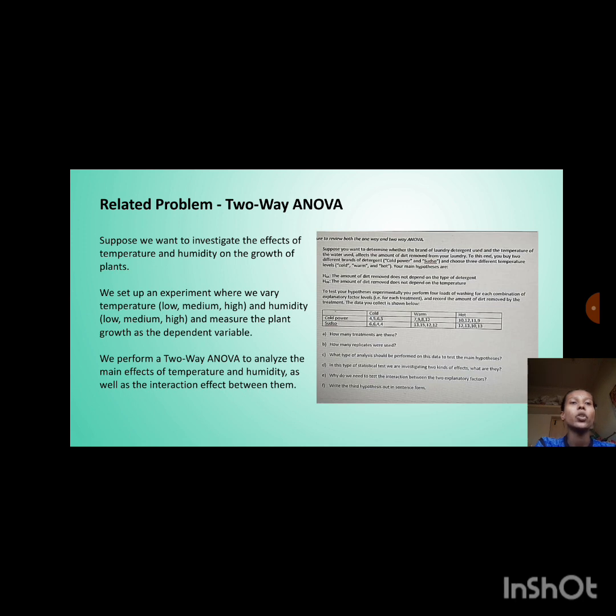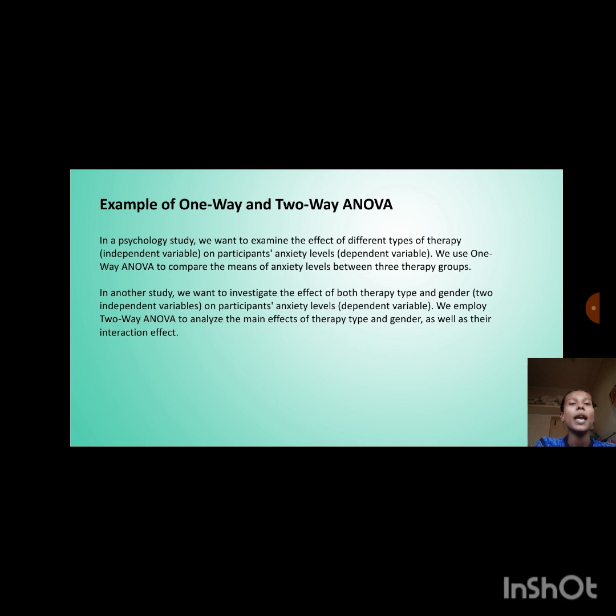Example of one-way and two-way ANOVA. In a psychological study, we want to examine the effect of different types of therapy, the independent variable, on participants' anxiety level, the dependent variable. We use one-way ANOVA to compare the means of anxiety level between three therapy groups.